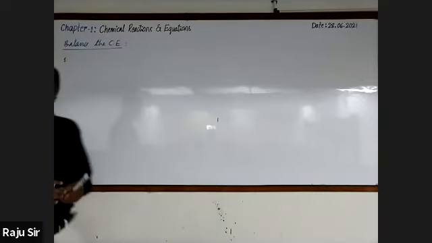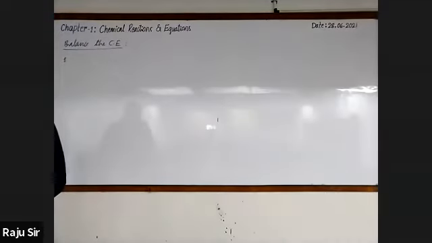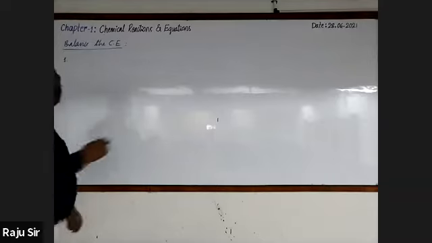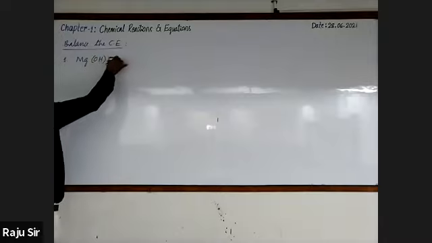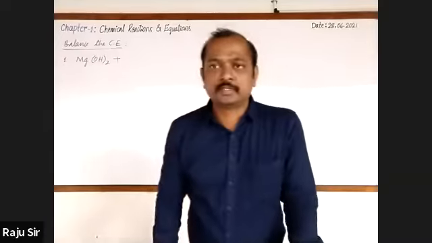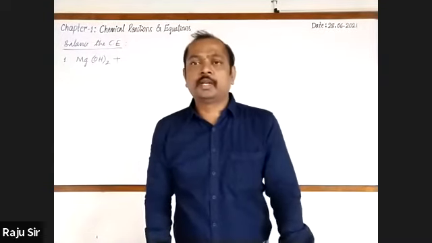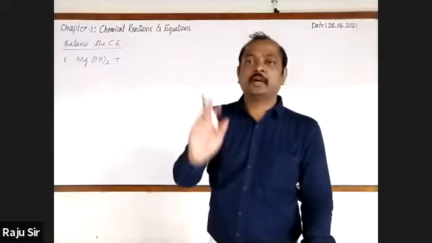In today's class, I'm going to take two equations. One is magnesium hydroxide, Mg(OH)2. You all know the common name of this compound, anybody want to recall it? It is called milk of magnesia.